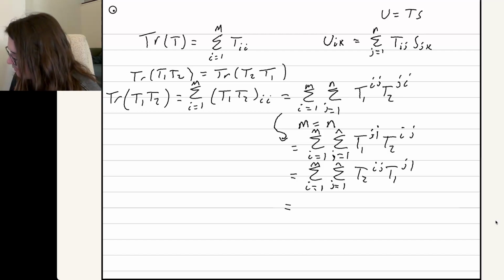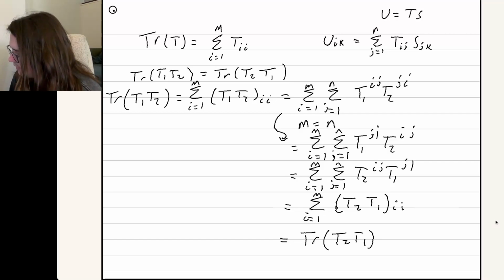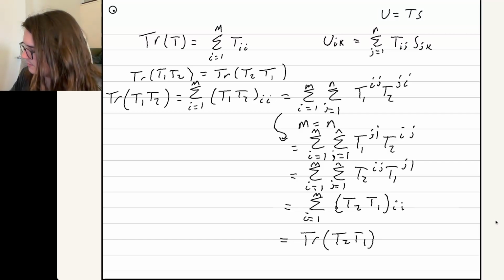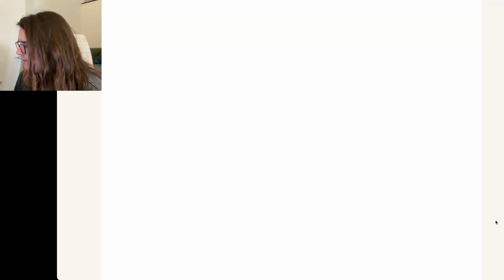T1_ji, which is actually just the sum over i to m of T2 T1 ii, which is actually just the trace of T2 T1. So this is a true identity that we've just proved.